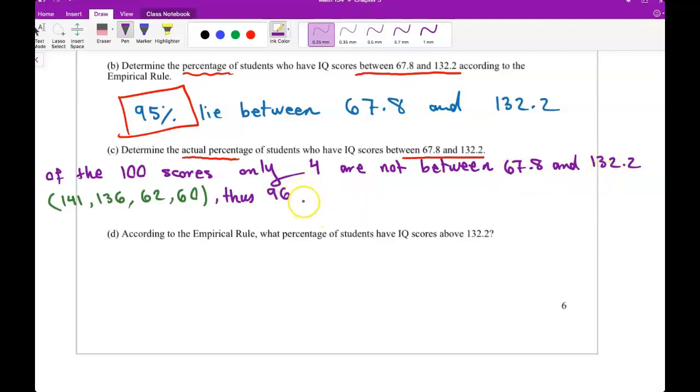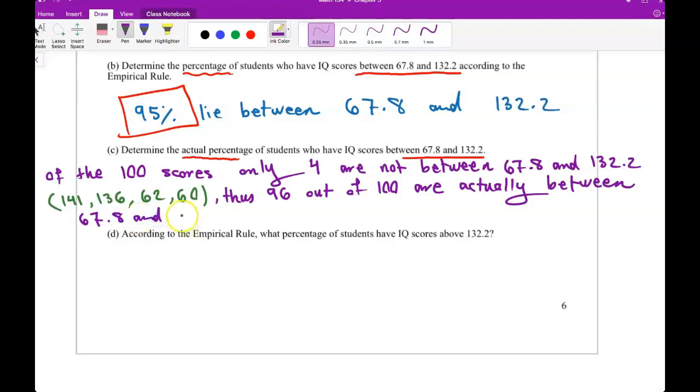Therefore, the percentage for this part will be 96% because we have 96 scores between these two. 96 out of 100 are between. Or what that means is that the answer is 96%.